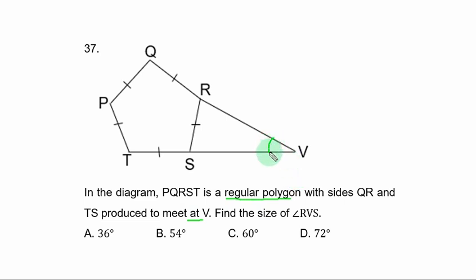To get that angle, we need to find each angle of the regular polygon. So once you get this angle, it will enable you to get this angle. Once you get this angle, it will enable you to get this angle. And once these two angles are known, you can get angle ROVS.